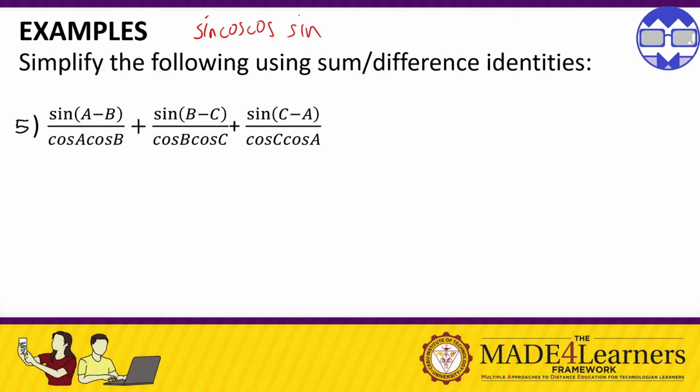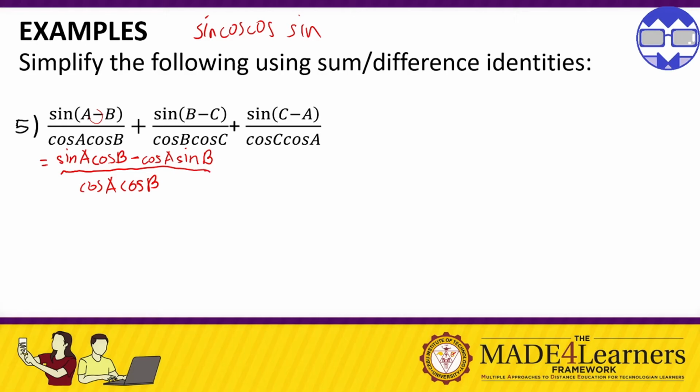Let's try to use the identity. We have sine of A cos of B. Since it's minus, we'll use minus here, cos A sine B, all over cos A cos B.